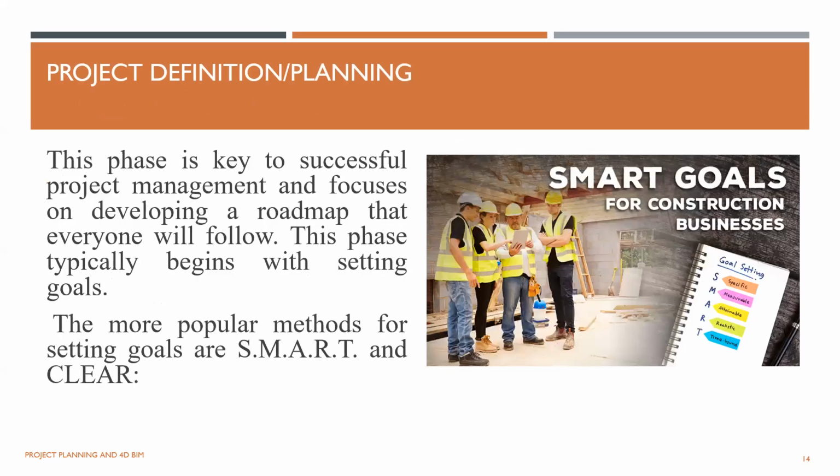For that, in construction nowadays we are asked to prepare a plan using these two popular methods of setting goals: SMART and CLEAR. So in project management, they now always require project managers, before starting the project, the construction or any actions, to do a planning process using the SMART or CLEAR method.